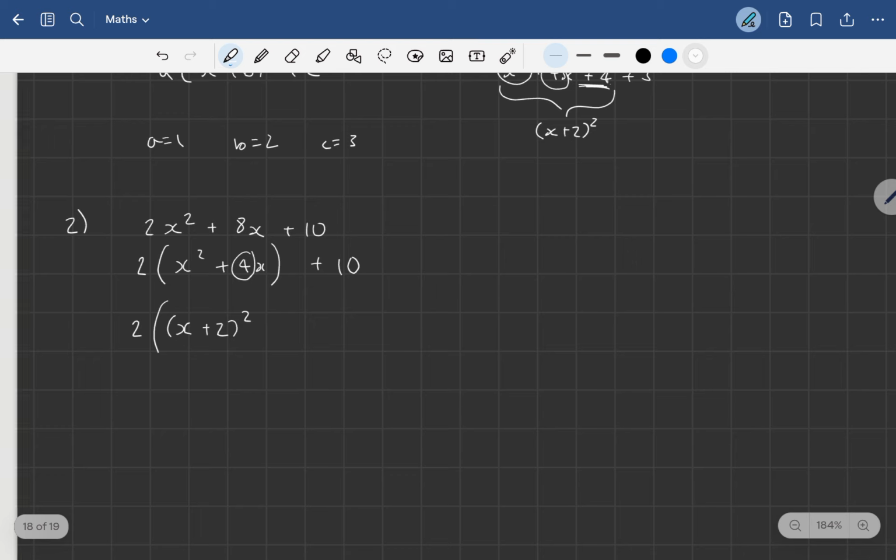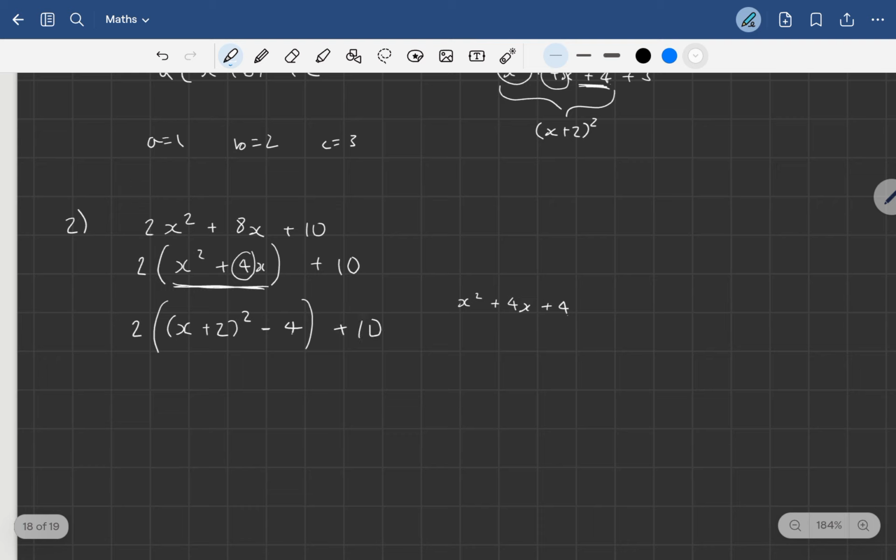And if we expand the x plus 2 squared, we get x squared plus 4x plus 4. But the thing is, we don't want the plus 4. We just want the x squared plus 4x over here. So what do we do? We subtract the 4. So your closing bracket plus 10.